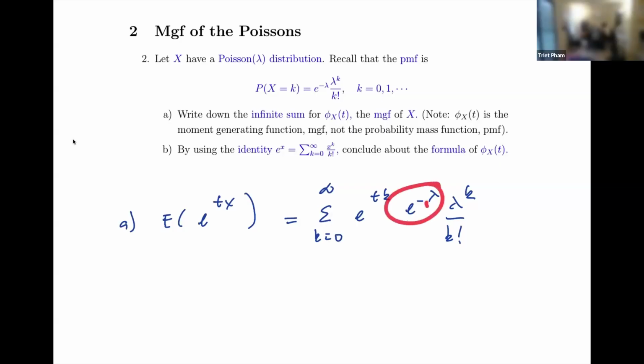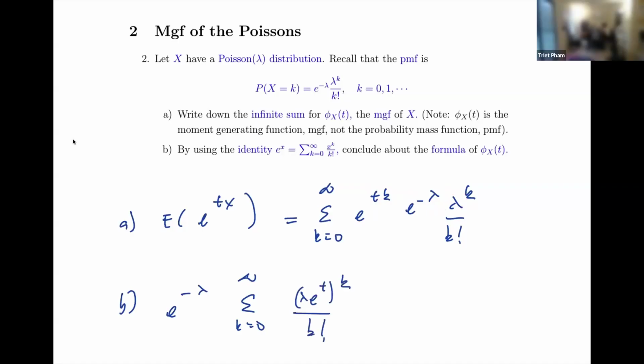Well, we see that first we can factor out eta minus lambda, and we have the sum. But here we can combine every term, raised to the power k like that.